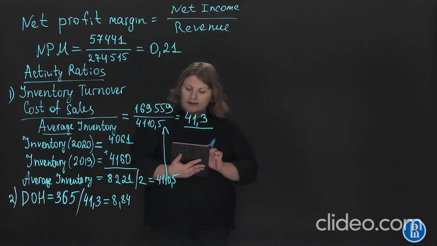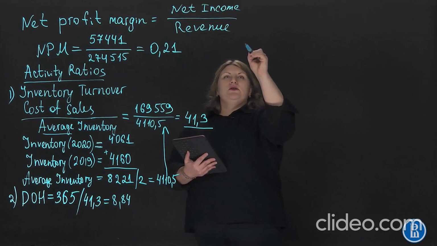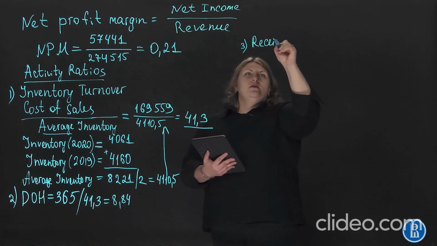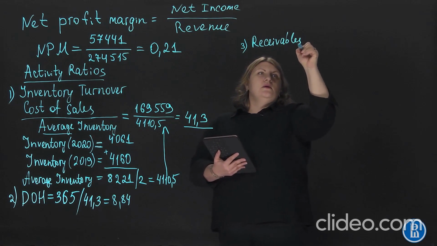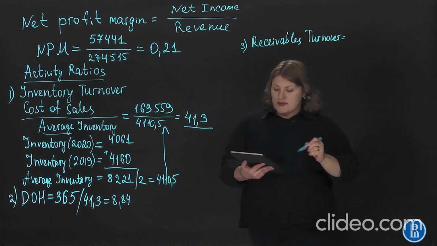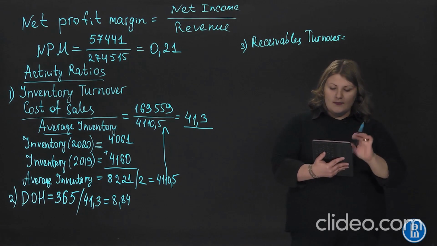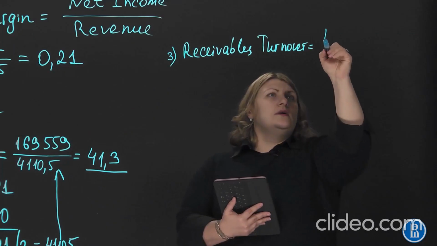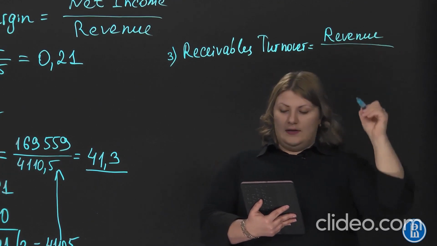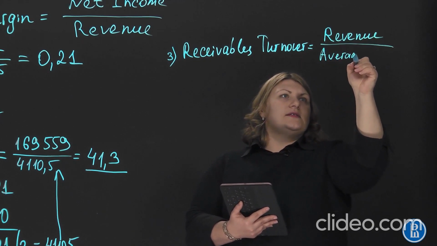We will now look at the receivables turnover. The next ratio will represent the receivables turnover, which is found by dividing the revenue over the average receivables.